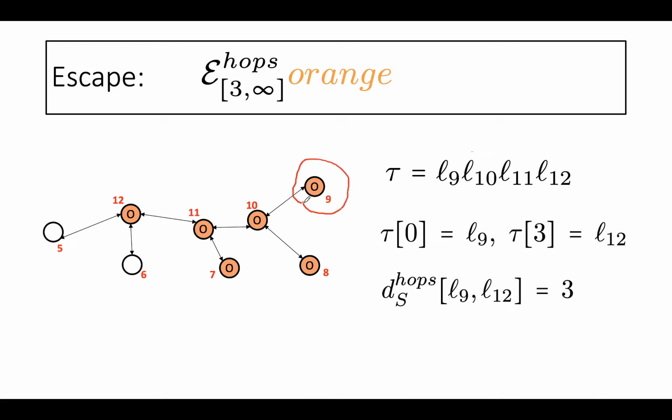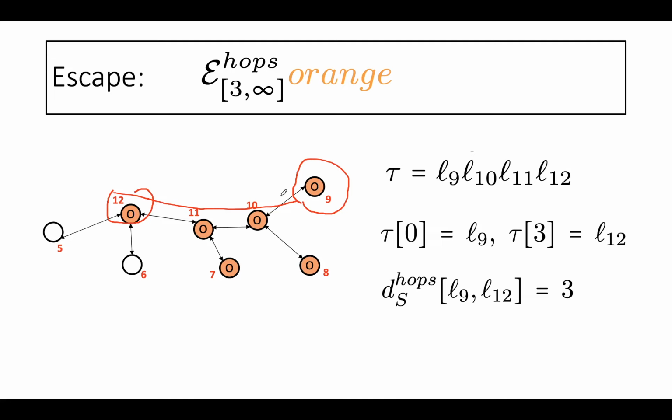There is a route L9, L10, L11, and L12 that has L9 as first element, and there is an element L12 such that the distance between L9 and L12 is 3. 1, 2, 3. And all elements satisfy the orange property.